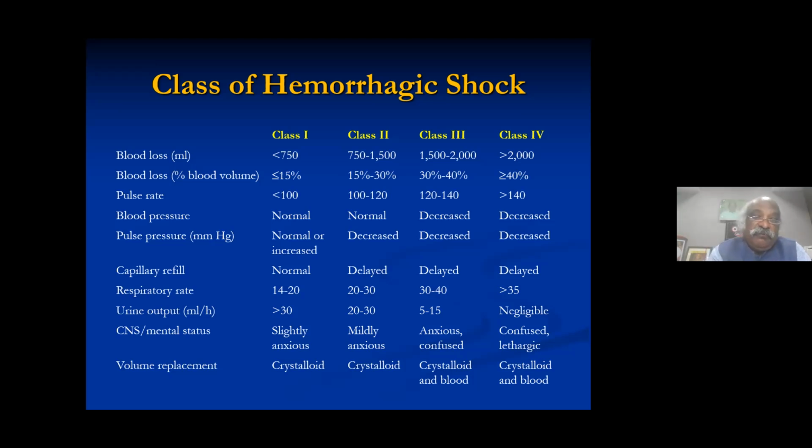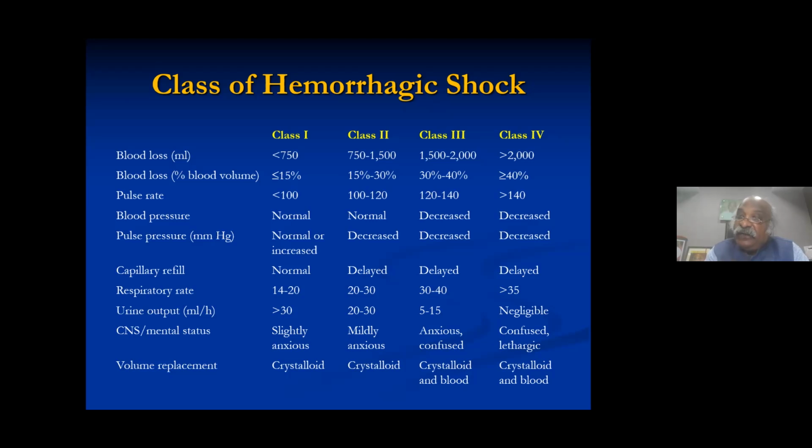If you go into more detail on the different criteria, you can find that in class 1, pulse rate is less than 100. Class 2 is 100 to 120. Class 3 is 120 to 140. And class 4 is more than 140. And blood pressure in both class 1 and class 2 is normal because of the compensatory hemodynamic mechanism.